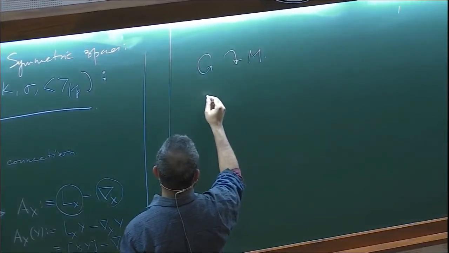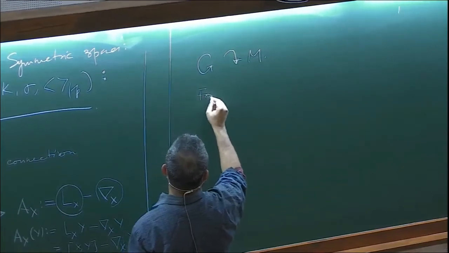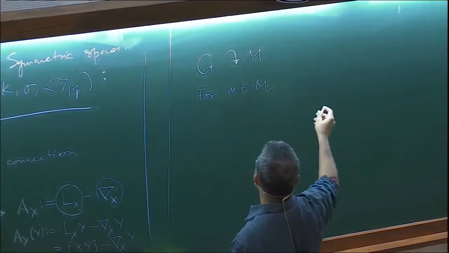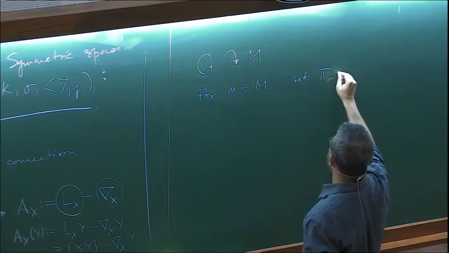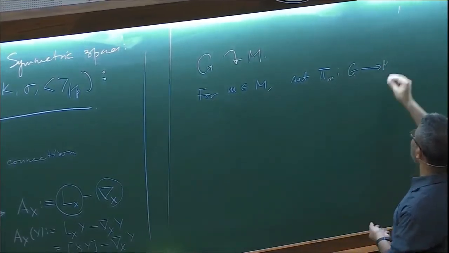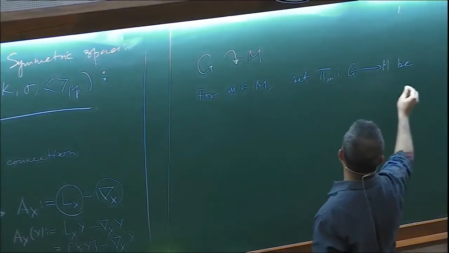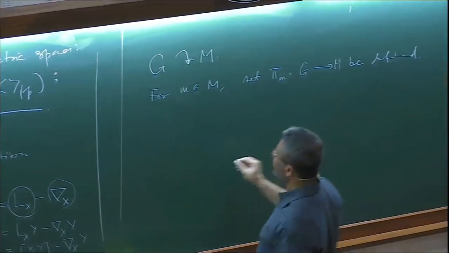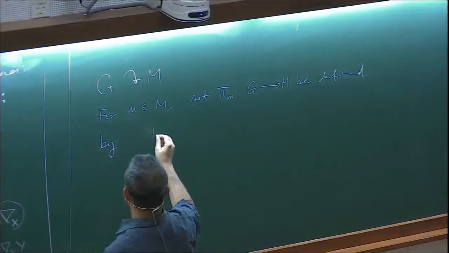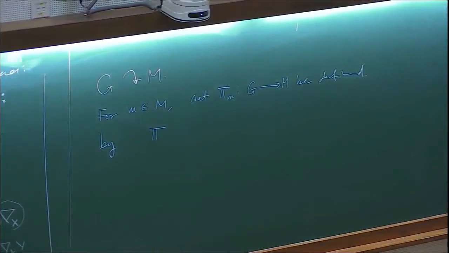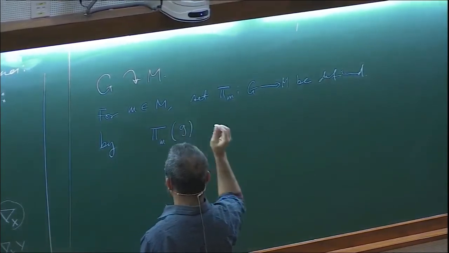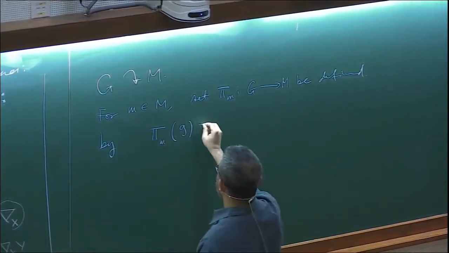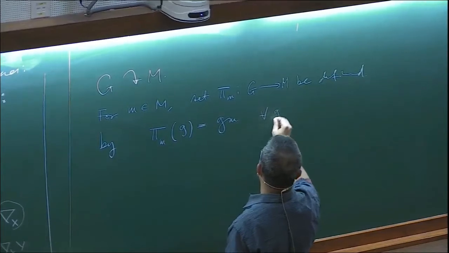Let me say that for m in M, let phi m from G to M be the orbit map, defined by phi m of g is g m for all g.